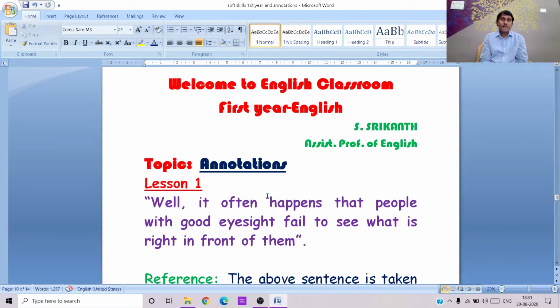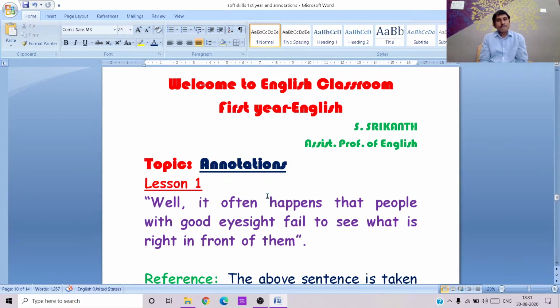Third one is a poem written by Sarojini Naidu by name Bangle Sellers. And the fourth and final lesson in our syllabus for this semester is a play by William Shakespeare, and we have only one extract of the play. What is the play? Merchant of Venice.